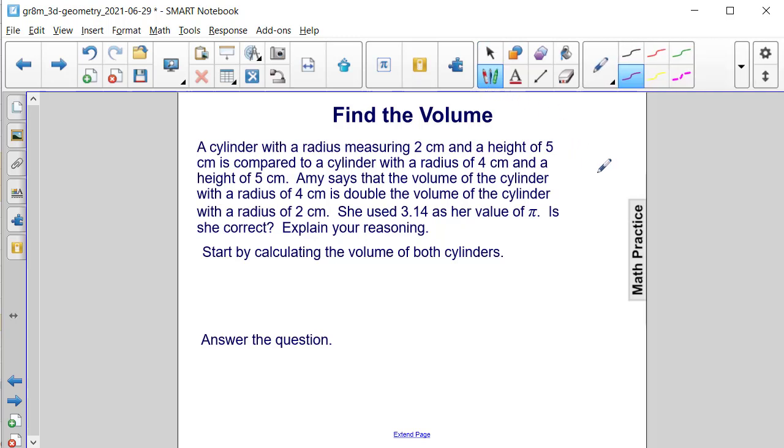Well, let's start by drawing a picture here. So we have one cylinder. Its radius is 2 centimeters and its height is 5 centimeters. Now the other one, it's wider. It has a radius of 4 centimeters, but the same height of 5 centimeters.